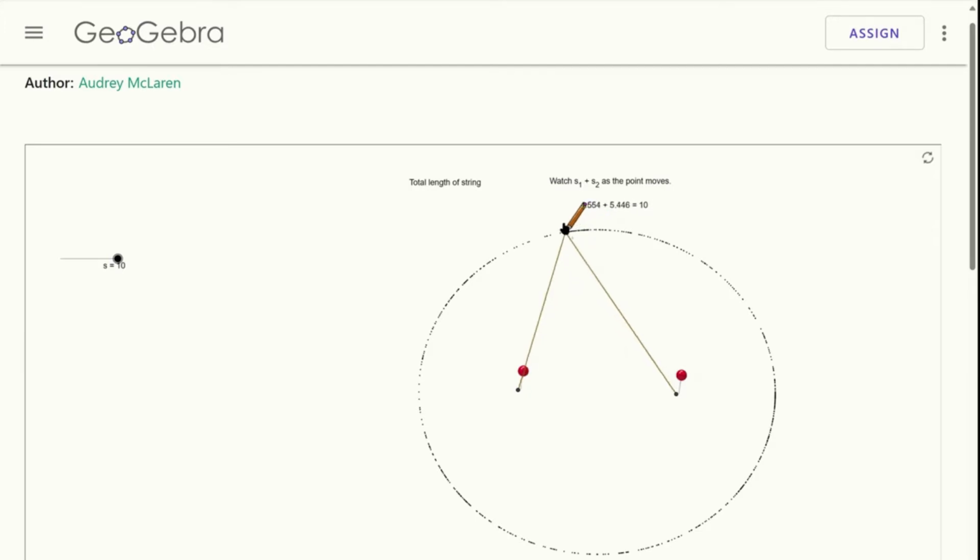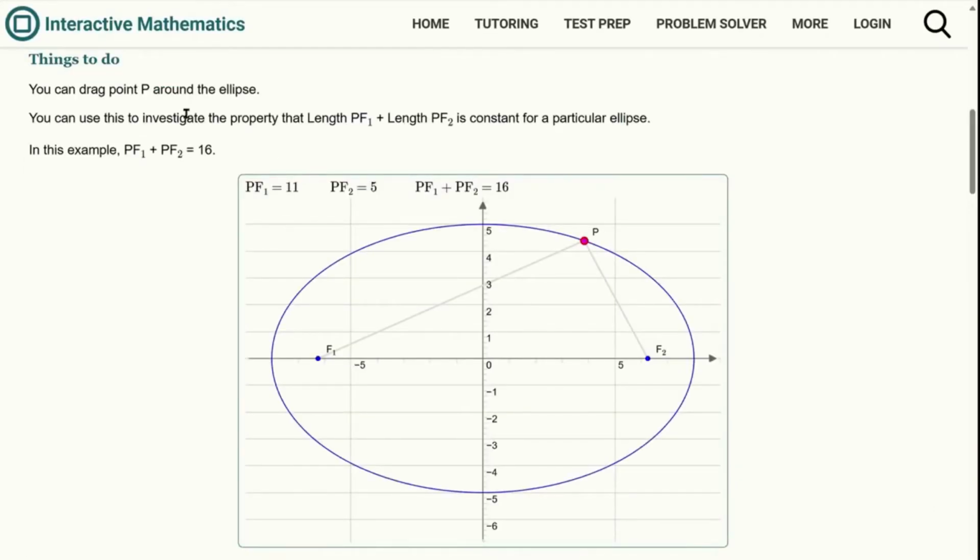And that's what's going to enable us to find the relationship between the letters A, B, and C that we talked about. So let's go ahead and go to that interactive now. Here we have another nice interactive by Interactive Mathematics.